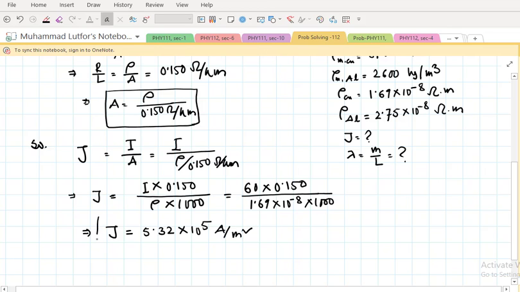So that should be the current density of that copper wire. So this is the answer.